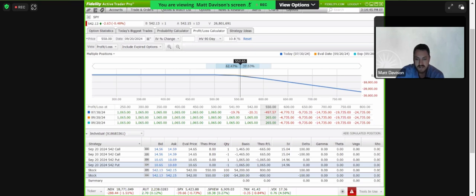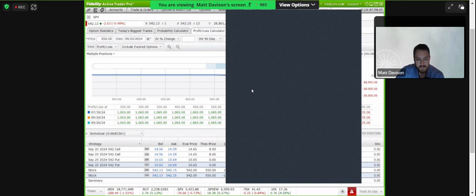And just to your point, Constantine, I meant to show this when we were talking about the cost of the carry. It was a little bit cooler when you had your 386 up there. So I was taking some of the numbers, right? What we were looking at is $54,100. That's the amount you'd have to set aside if you were just outright buying 100 shares of SPY at 541.